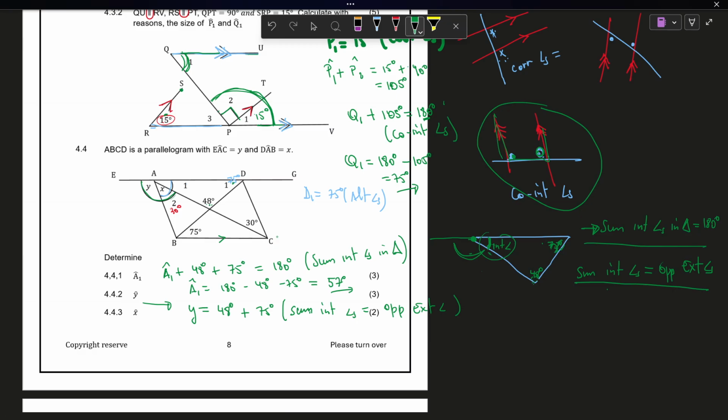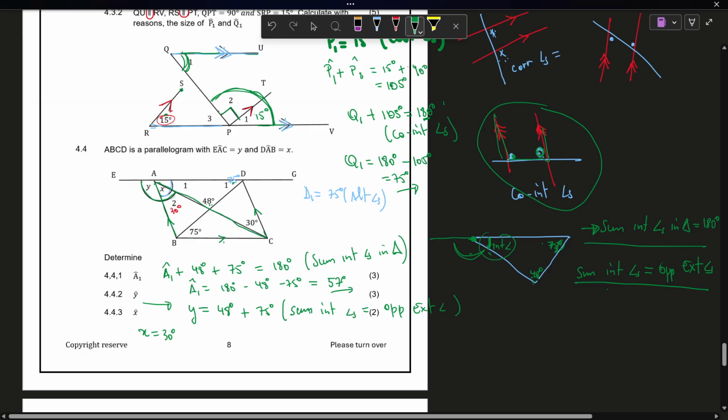And now we need to find x. Okay. What is x? No, x, we found it already. It was 30 degree, right? X, we found it before. It was 30 degree. The reason was that it was alternating. Remember, this is parallel to this, so we can draw an N, right?